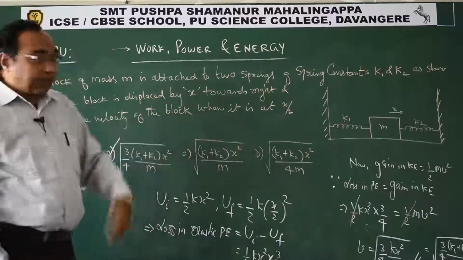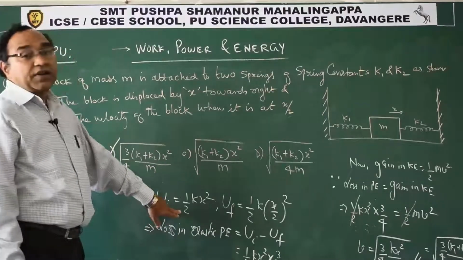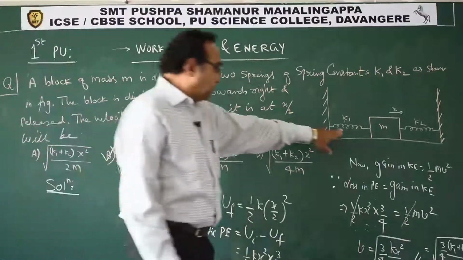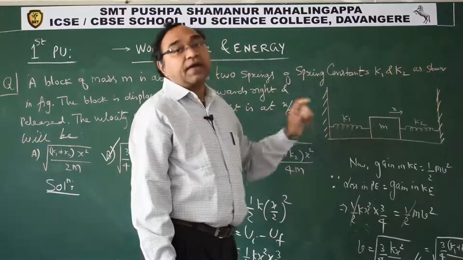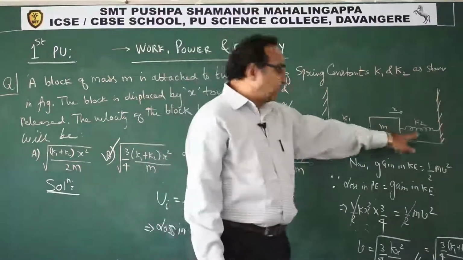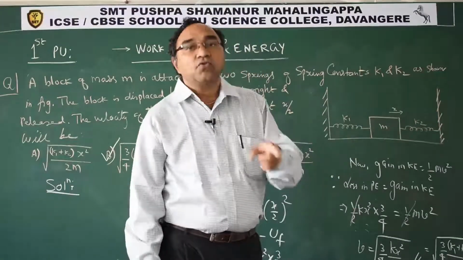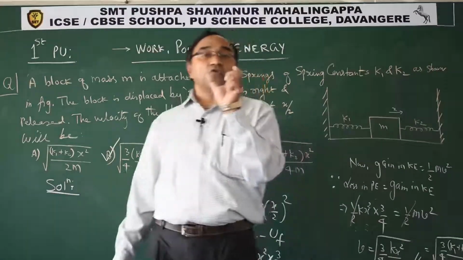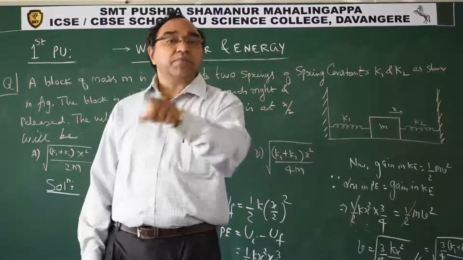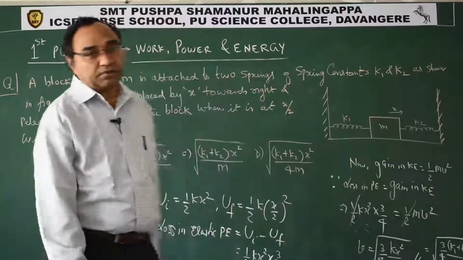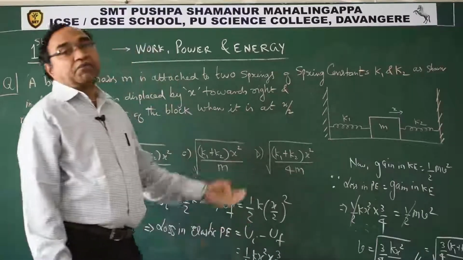Otherwise also you can say it this way. Initial elastic potential energy for this is half k1x², for this half k2x². So what is the total initial potential energy? Half (k1 plus k2) x². Similarly for the final.